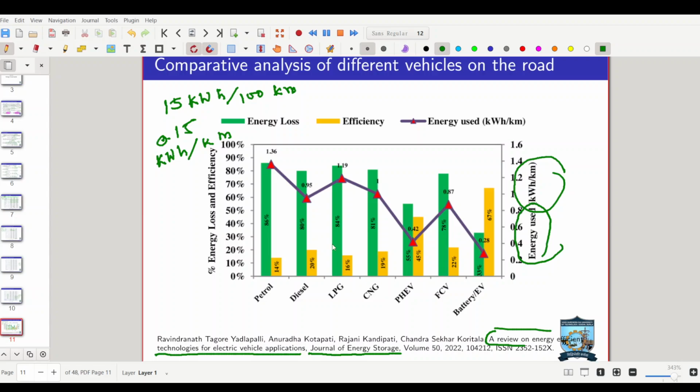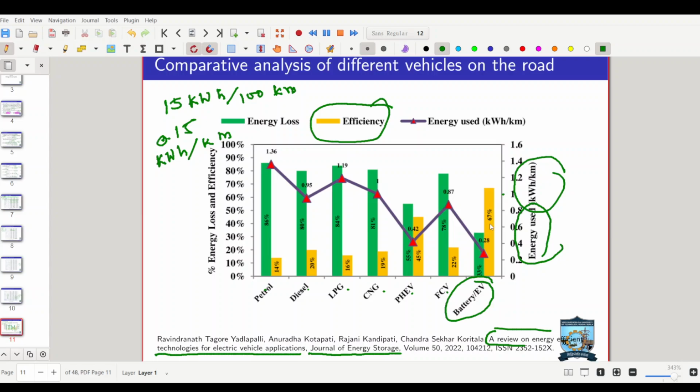Now if you see here, petrol, diesel, LPG, CNG, FCV fuel cell, and battery or electric vehicles. Here, the efficiency in orange color is about 1.